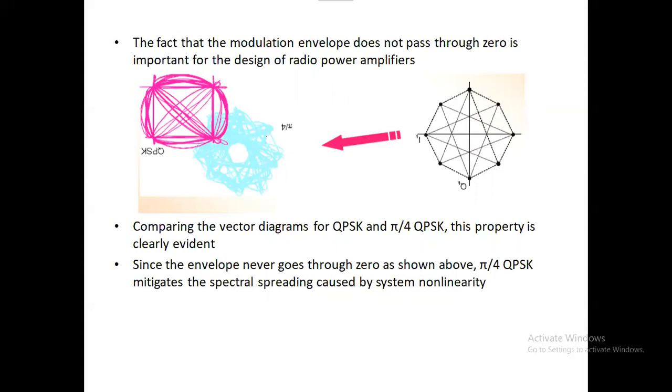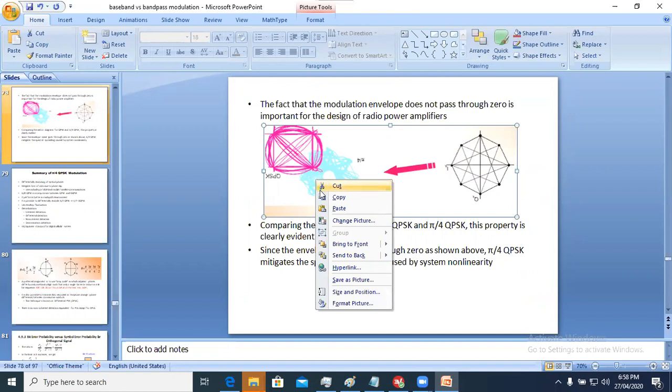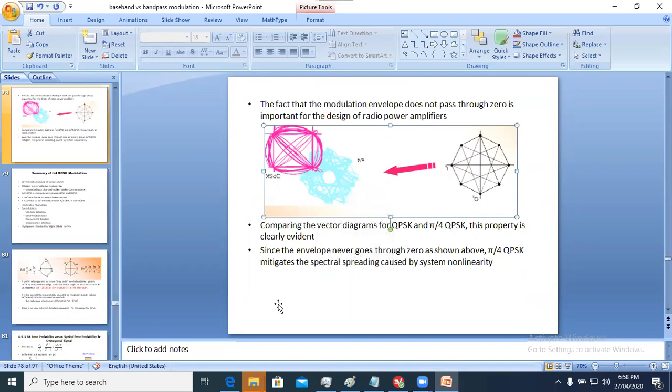So it has no zero crossing. You can see this if I am able to rotate it, but I just want to show that there is no zero crossing, and most of these transitions are in such a way that they do not pass through 0.